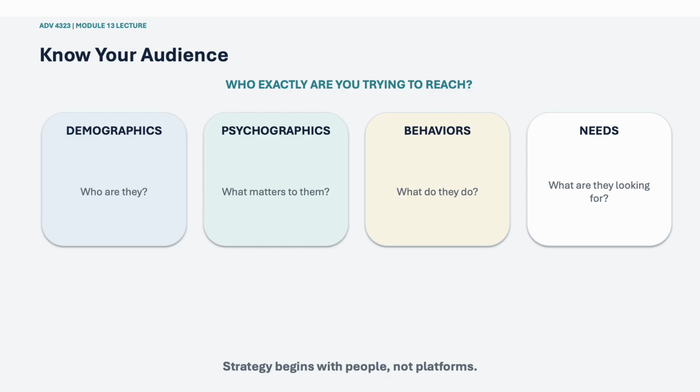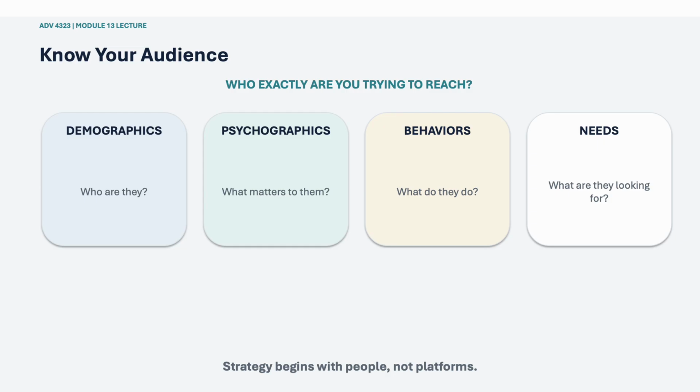Next, return to your audience research. Remember that saying your audience is women 18 to 35 is not enough. We want to understand who these people actually are. Think about their demographics, yes, but also their psychographics, behaviors, interests, needs, and motivations. This is one of the main principles I want you to carry away from this course. Strategy begins with people, not platforms.